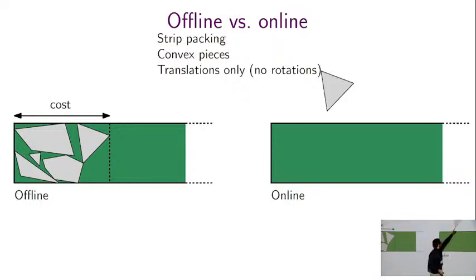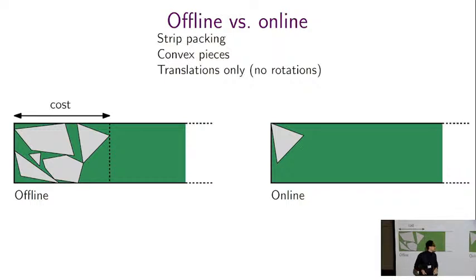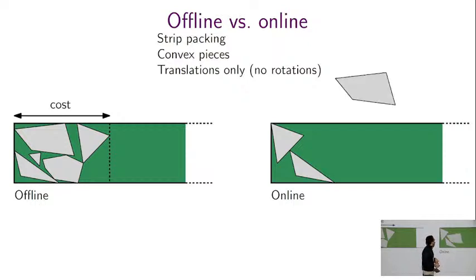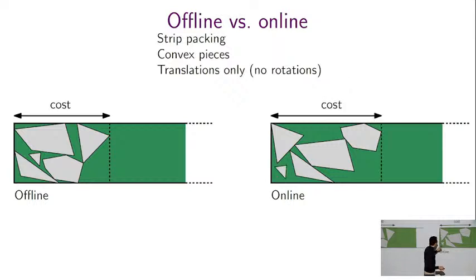So we get this one, and then we say, okay, that's nice to get it here. We don't know what we then get next. But we got this one, and then we put it here, and now this one, and put it here. And then you see, in the end, we measure the cost in the same way. But then it's of course expected that we cannot do as well because we didn't know to begin with what we would get.